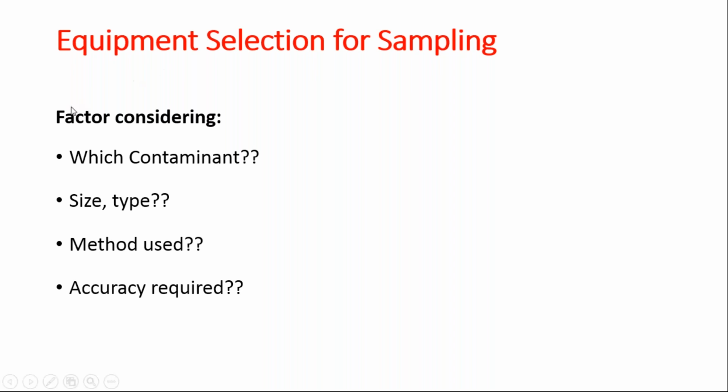For example, we should consider the following factors when deciding which equipment should be used to collect the sample: which contaminant, its size, its type, which method we are using, which accuracy we require. By considering all these parameters, we can select the sampling equipment.